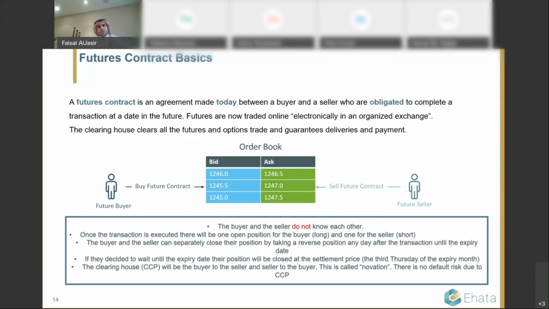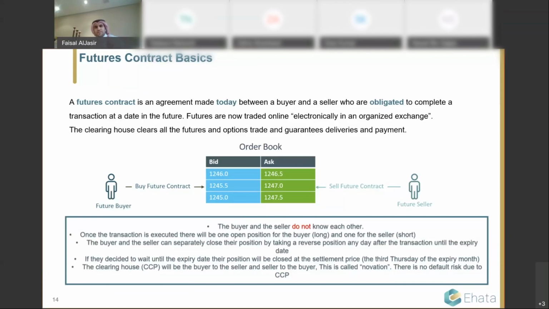When we look at a future contract, again, it is an agreement made today between a buyer and a seller who is obligated to complete a transaction at a date in the future. Futures are currently also traded electronically in an organized exchange, and you would expect something like this order book in the slide, not different from the order books you normally see in the stock market.